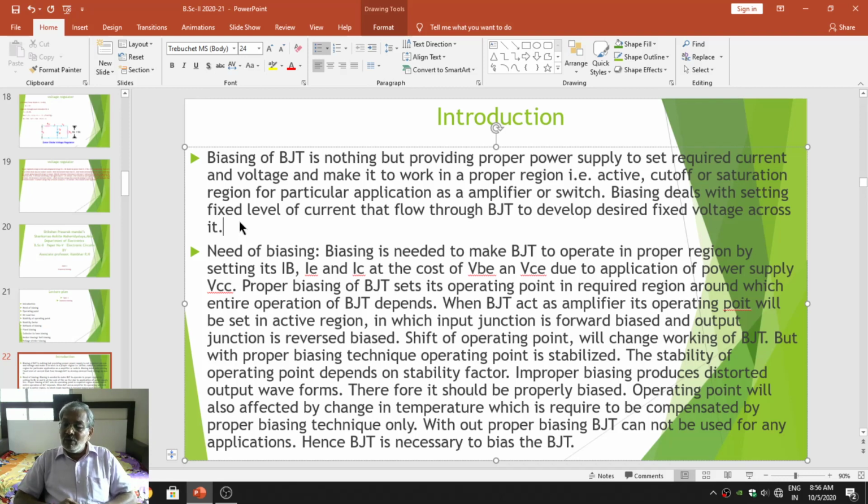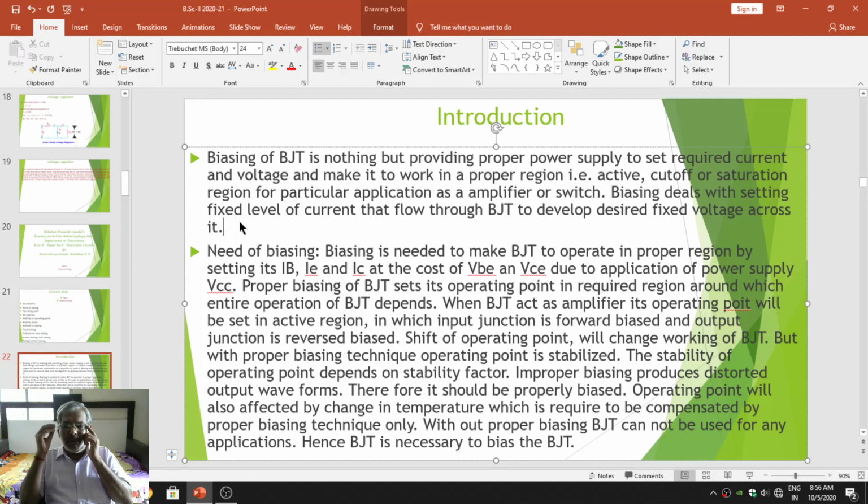If you look at this particular diagram of operation of BJT by connecting the power supplies to bias in different ways, we can say that the transistor may operate either in the cutoff region, it may operate in the saturation region, or it may be operated in the active region.